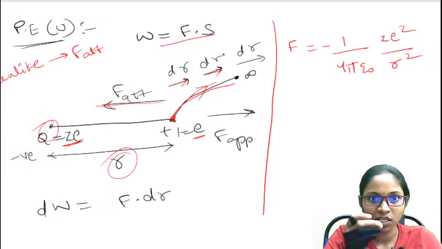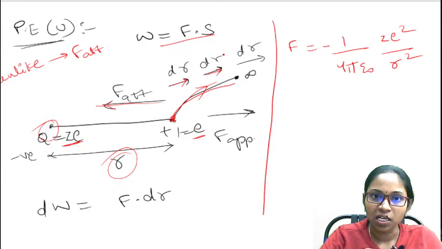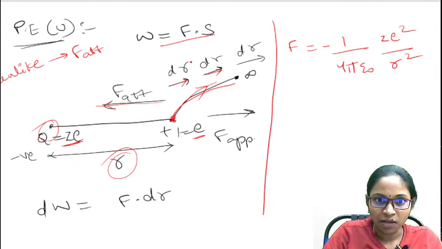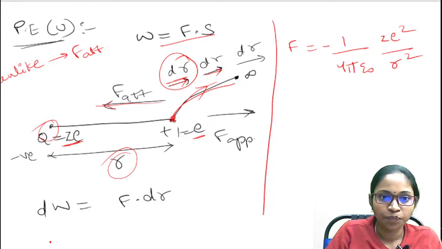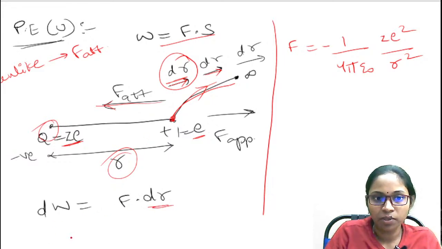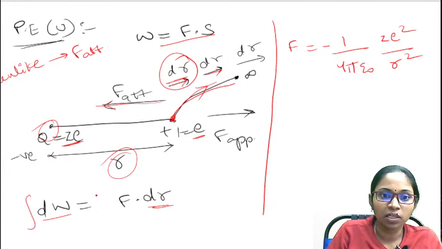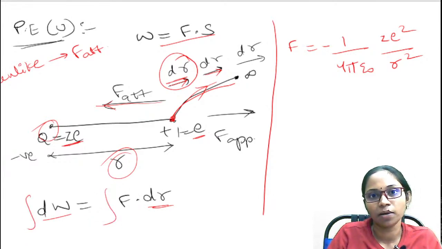Without any acceleration, I am just moving this charge to infinity slowly. Initially I am finding the work done for a small displacement dr. For small displacement dr we have small work done dw. To find the total work done, I have to integrate this formula.